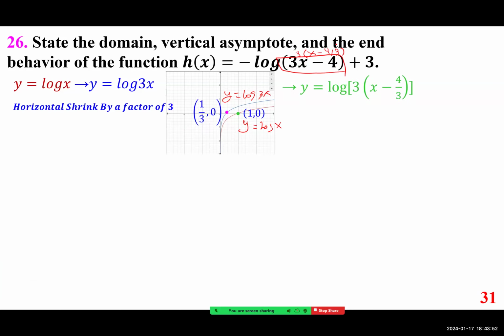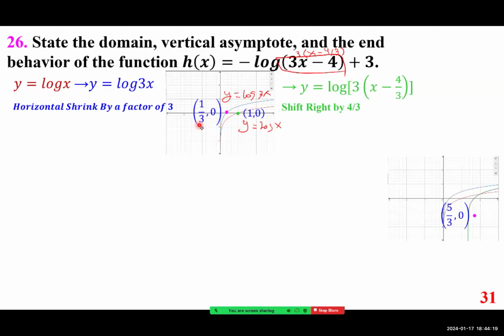And therefore, because x is replaced by x minus 4/3, it shifts to the right by 4/3. So we have this one, and now this is the one we are dealing with. That means 1/3 comma 0 goes to the right by 4/3. So you're going to add 4/3 to 1/3, becomes 5/3.